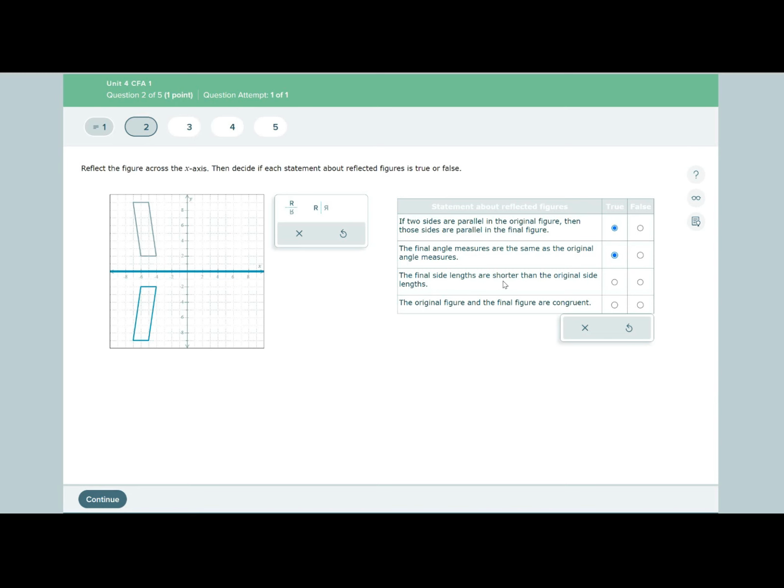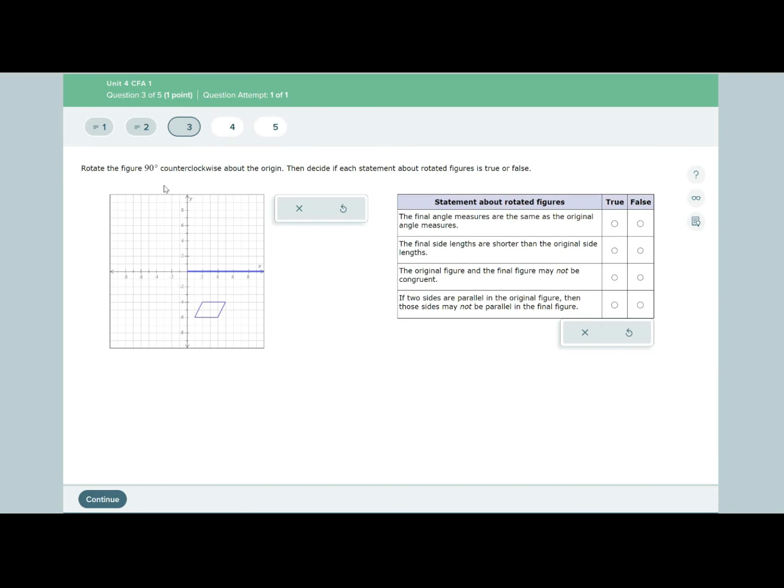The final side lengths are shorter than the original side lengths. False. Everything stays the same. The reflection reflects the original image, same size, same shape. The original figure and the final figure are congruent. True. Everything stays the same. They're just a little bit opposite from each other, or they're flipped, but everything is the same.